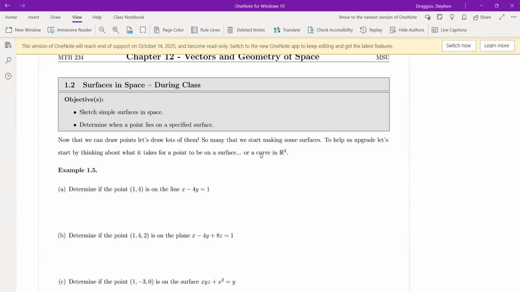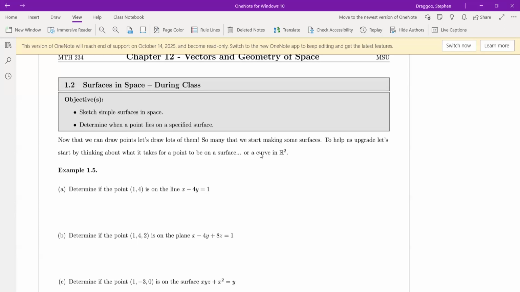Let's just check to see if the point (1, 4) is on the line x minus 4y equals 1. And this, I am going to guess, is some review. Since you've done this in algebra, if I want to see if a point's on a line, I should just plug it in.